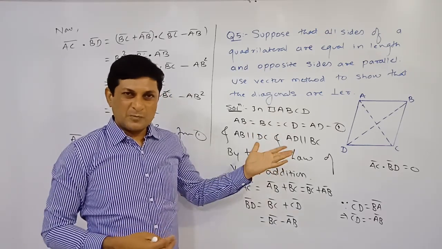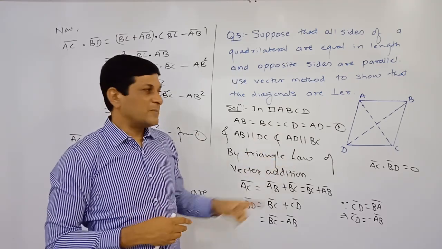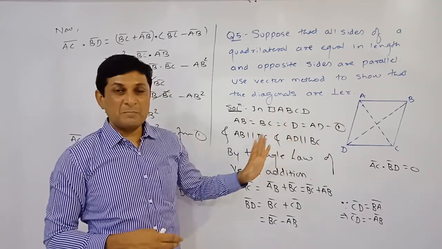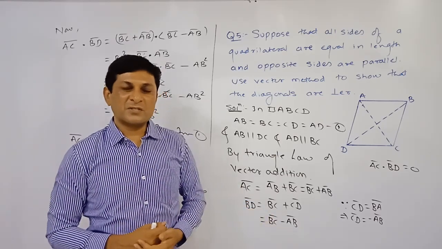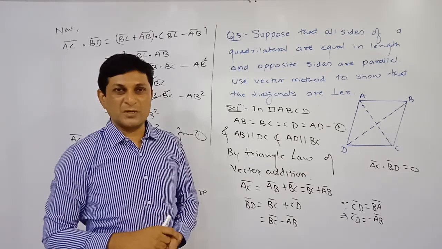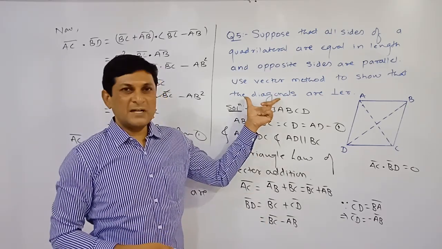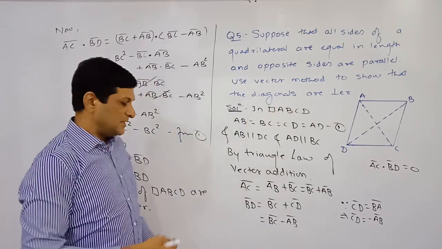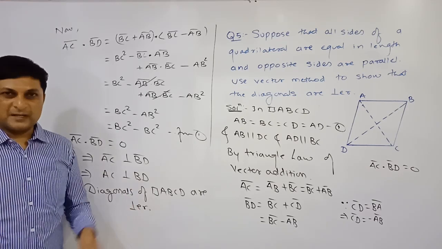We know that if opposite sides are parallel, the quadrilateral is a parallelogram, and in a parallelogram if all sides are equal, that parallelogram is what? Rhombus. And in your earlier classes you have studied that the diagonals of a rhombus are perpendicular to each other, even perpendicular bisectors also. But as it stands, what we have to show is that the diagonals are perpendicular. And here we have got the required result. The diagonals of this quadrilateral are perpendicular.